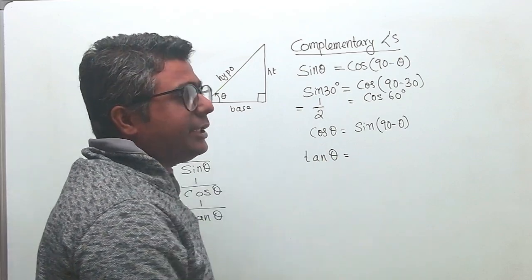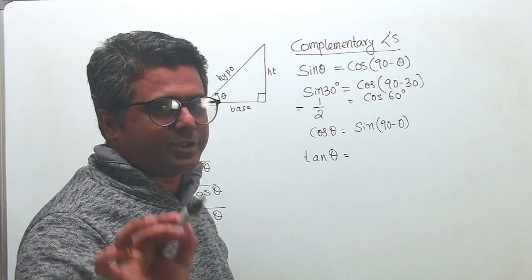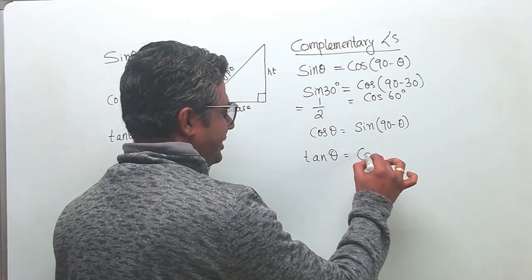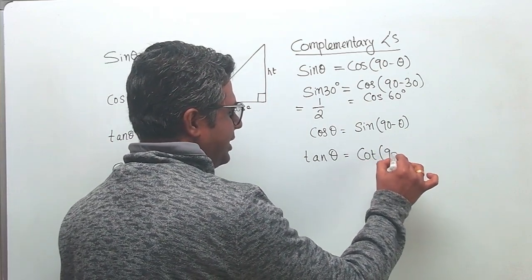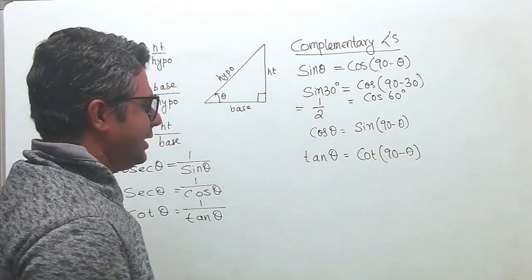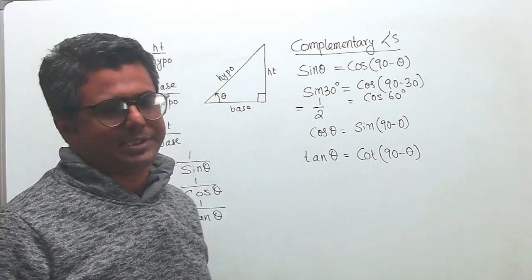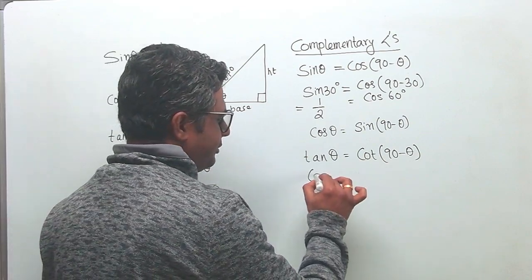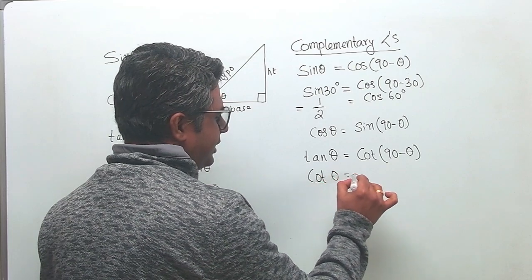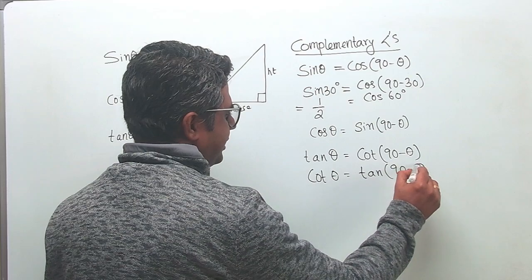Complementary of tan theta is cotan theta, that is cot theta. Here it will be cot of 90 minus theta. And vice versa, cot theta is equal to tan of 90 minus theta. This is also true.